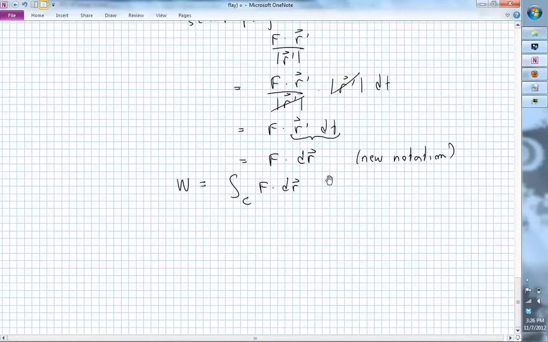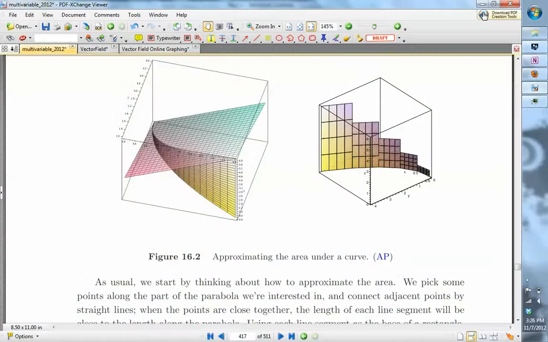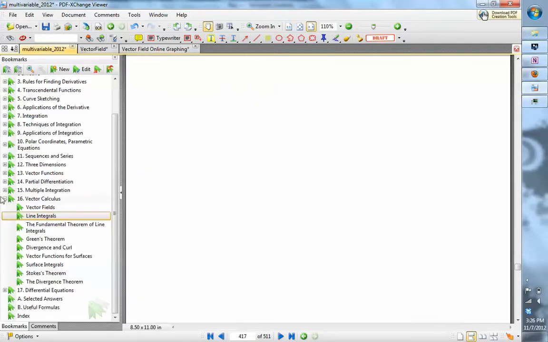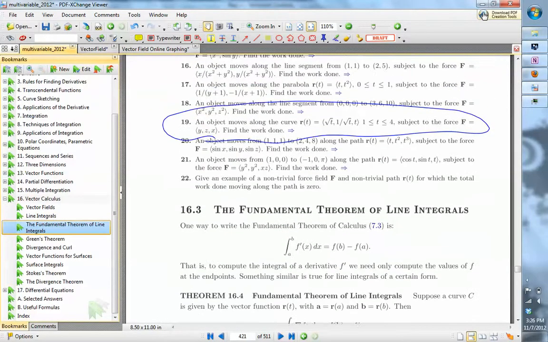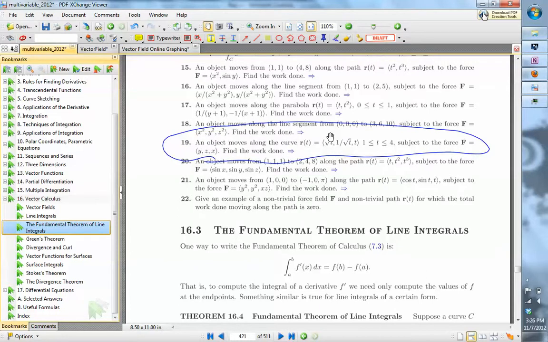Let's do an example from the book here. So I'd like to do problem 19 from section 16.2. Still circled from when I did it at 1 o'clock.